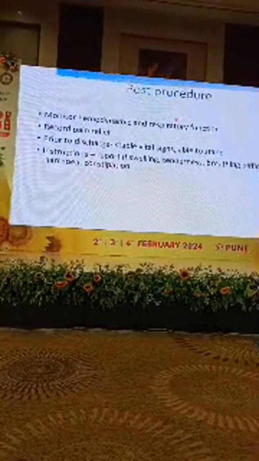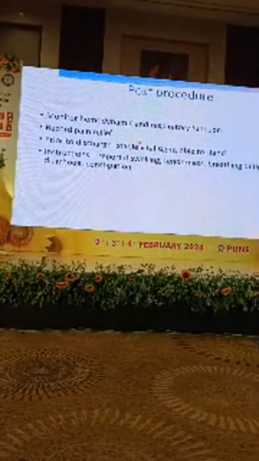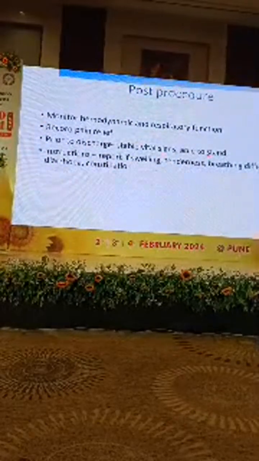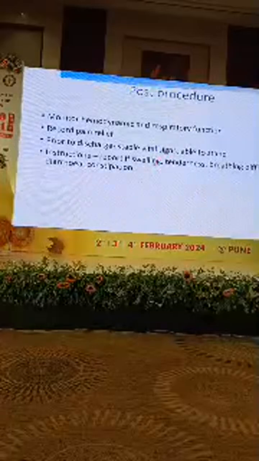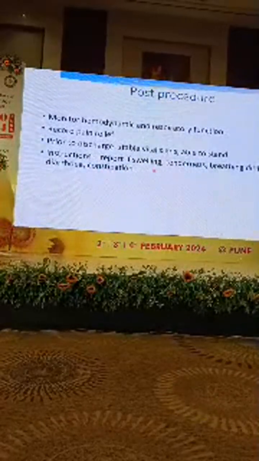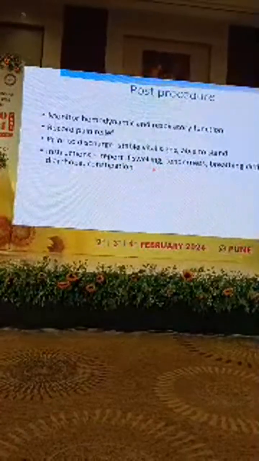Post-procedure, you should monitor the patient hemodynamically and for respiratory function, record their pain scores, and prior to discharge, make sure the patient is vitally stable and able to ambulate. The post-procedure instructions to the patient would be to report any swelling, tenderness, breathing difficulty, diarrhea, or constipation.